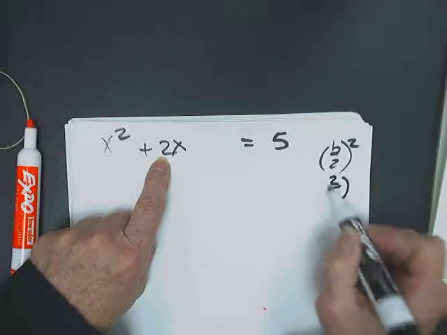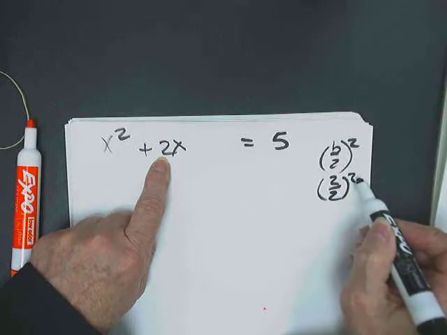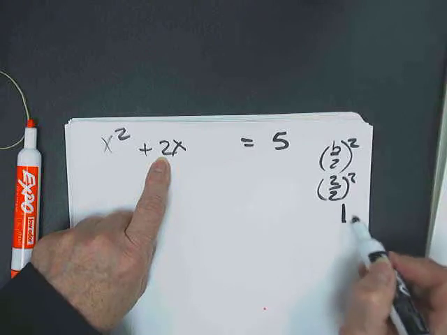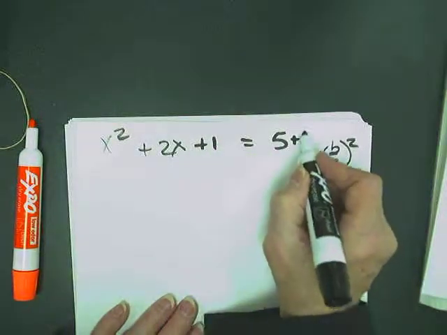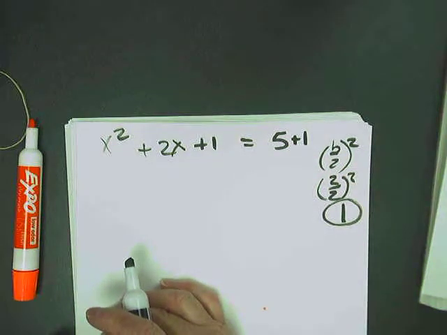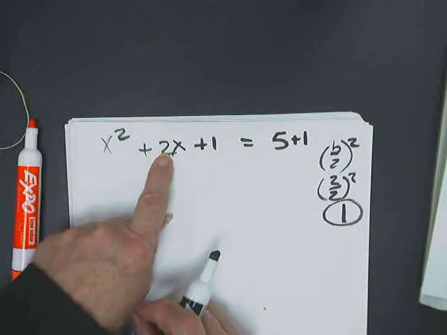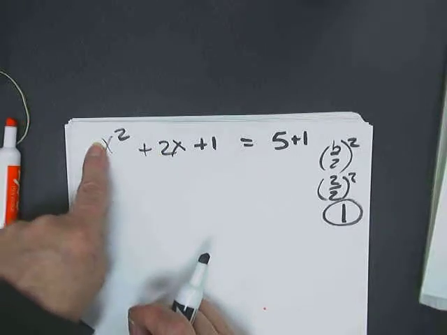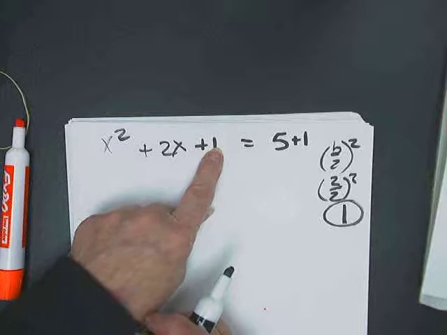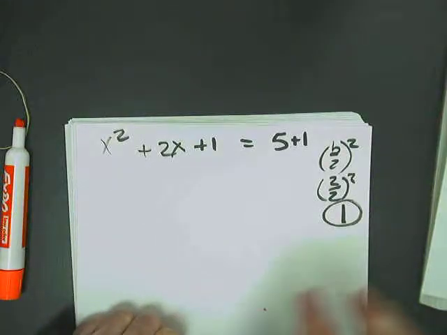I'm going to leave room here so I don't have to write it again. What is half of b squared? b is 2. Half of 2 is 1, right? 1 squared is 1. We're adding 1 to both sides.